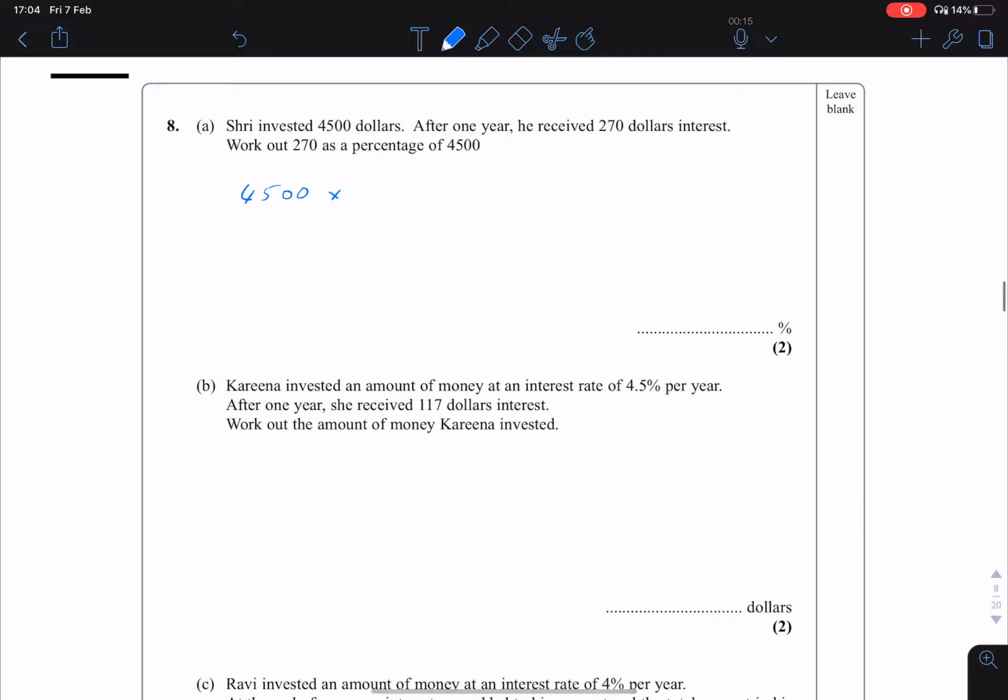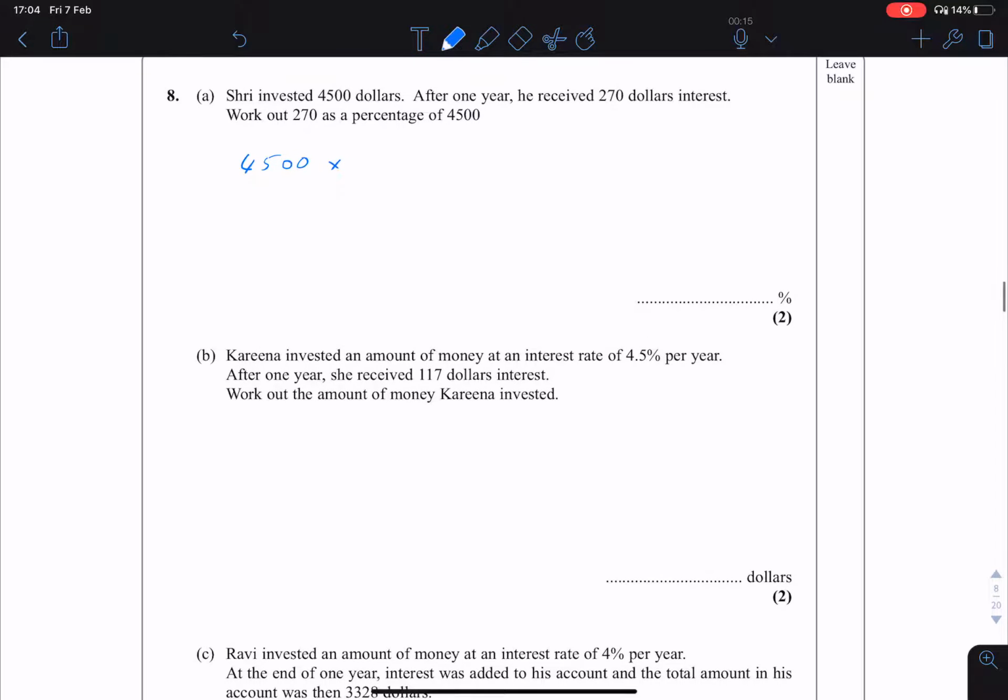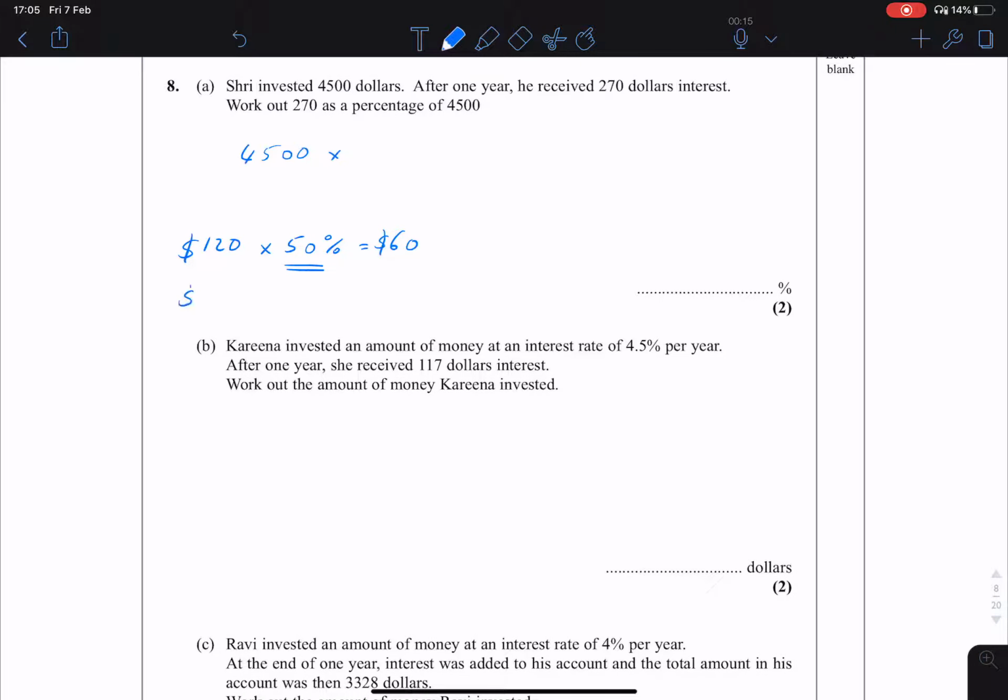So interest we work out as a multiplier. For example, let's take $120 and I want to work out 50%. I can work out 50%, and that's going to be $60. Now, 50%, when we're doing this kind of percentage multiplication, we always write as a decimal. So we'd write 120 times 0.5, which equals $60.